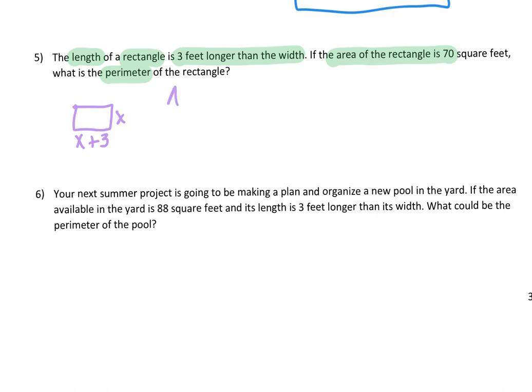We also know that the area, which is length times width, is equal to 70. So if we take our length and our width and set it equal to 70, we now have an equation set up that we can solve to find x. So I will distribute the x through.